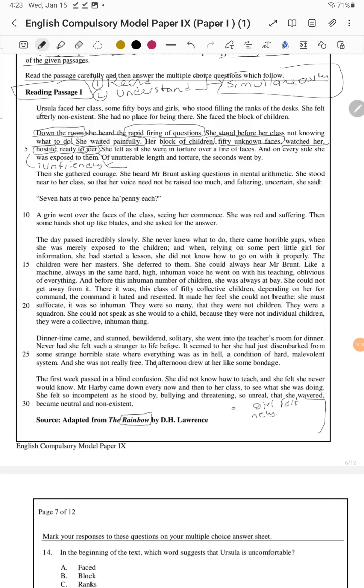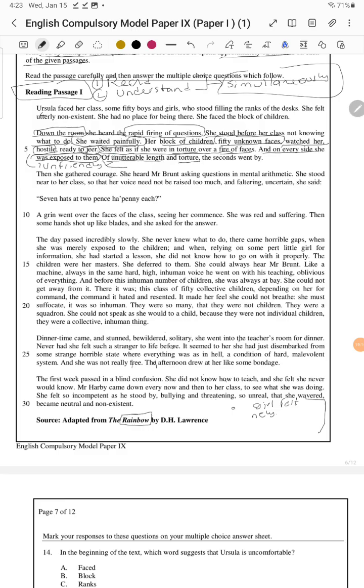She felt as if she were in torture over a fire of faces. I think you can understand the meaning of this line, and this is very easy to understand. And on every side, she was exposed to them. Exposed means she was open to them on every side, because the students filled the classroom and she was continuously getting exposed to each of the new unknown faces of unutterable length and torture.